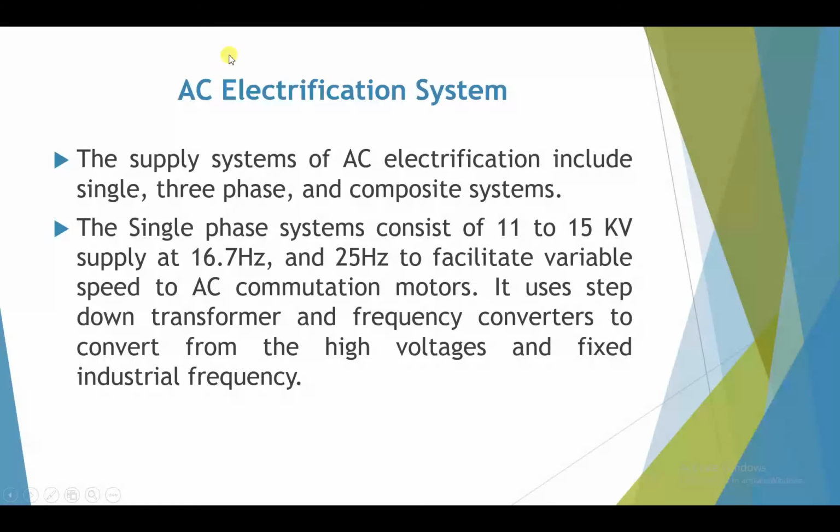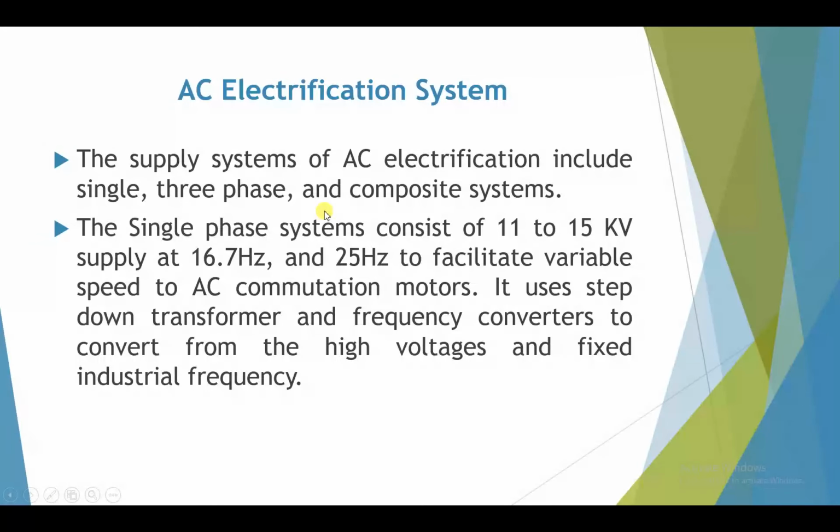The supply system of AC electrification includes single phase, three phase, or composite system. In the AC electrification system, the supply may be single phase, three phase, or we can use both of them as a composite system.